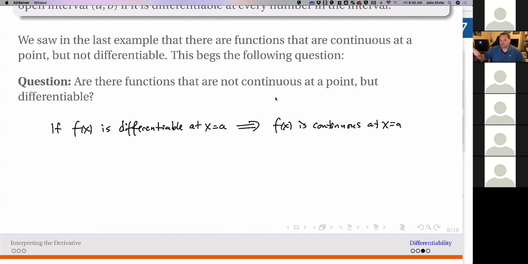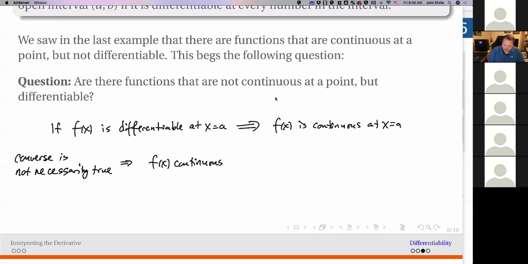It's the same with things like that in mathematics. If I say if f of x is differentiable, that implies that f of x is continuous, the converse of that is not necessarily true. The converse is, f of x continuous implies f of x differentiable.